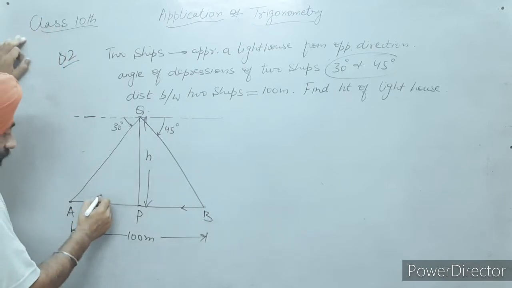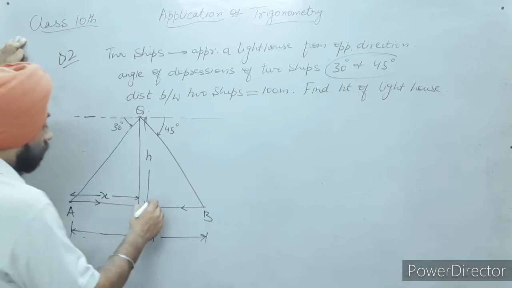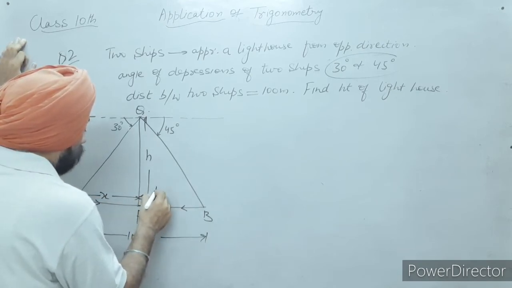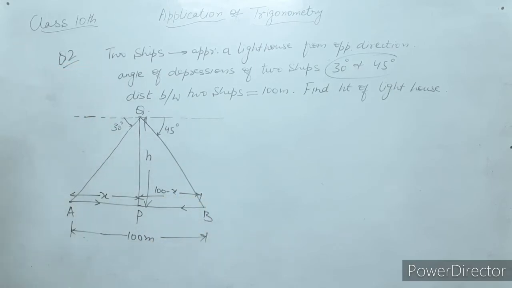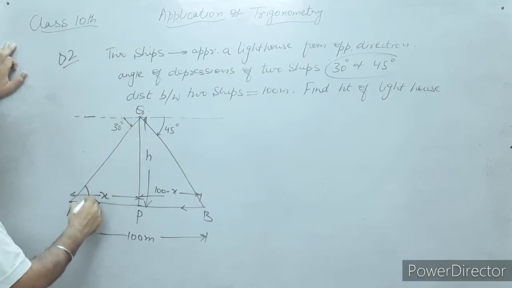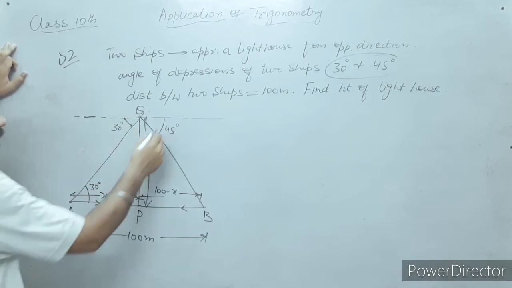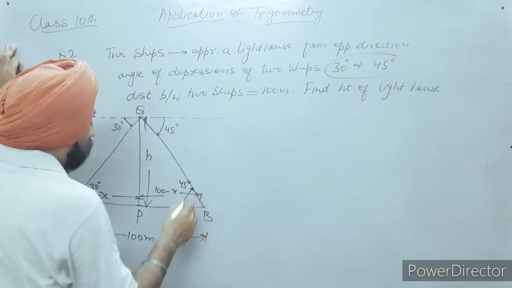Now let this distance be x meters. The remaining will be what? 100 minus x. Right? Now I have two triangles. Let this be 30, so this angle will also be 30 degrees. If this is 45, this angle will also be 45 degrees.